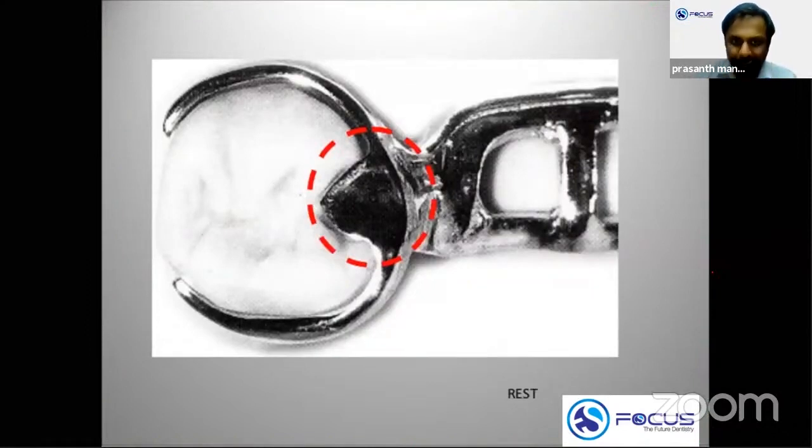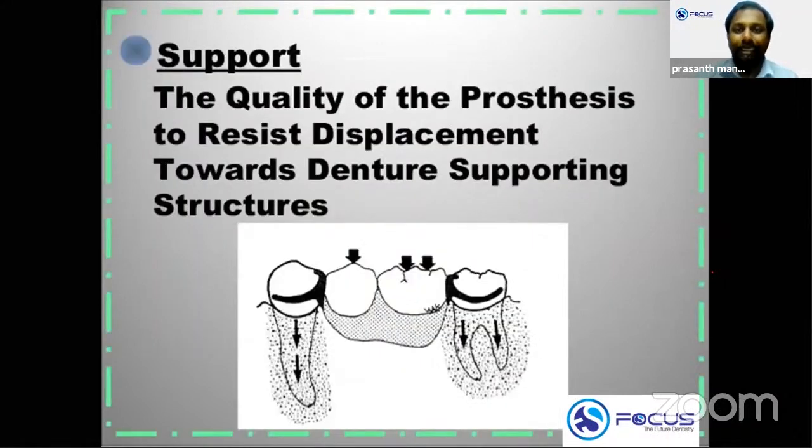Yes, the rest will provide support. So this is the occlusal rest with the clasp assembly. Now what is support? Support is that quality of a prosthesis which resists the displacement of the denture towards the supporting tissue. Understood? So it resists the displacement of the prosthesis towards the supporting tissue.